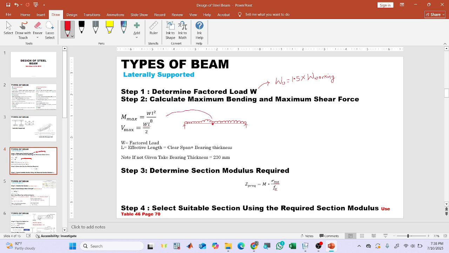And the maximum shear force will occur at the support, and it will be WL by 2.